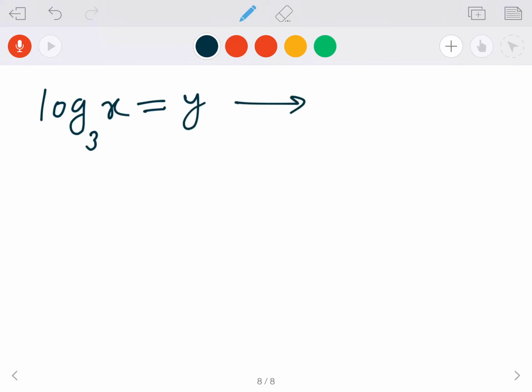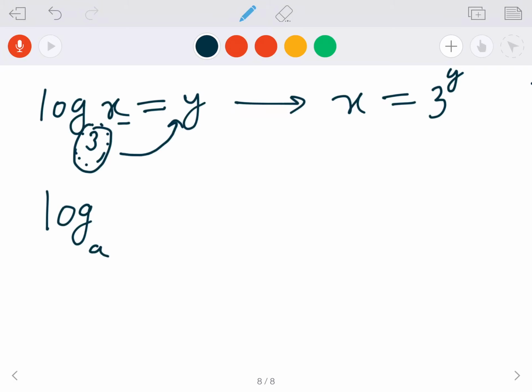Again, the idea is this base is going to move to the base of an exponential function. On the left hand side, this log will be gone, so we're just going to have x equal to, on the right hand side, this base 3 is going to move to the base of an exponential function, 3, and the y is going to move to the power. All right, so this is the idea.